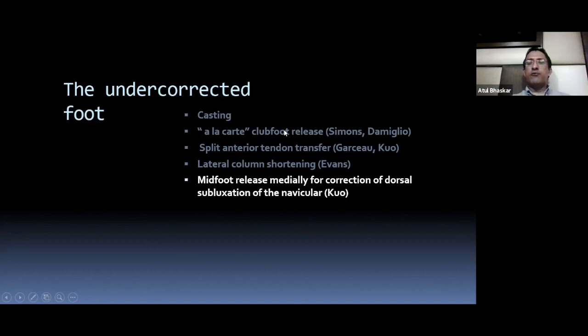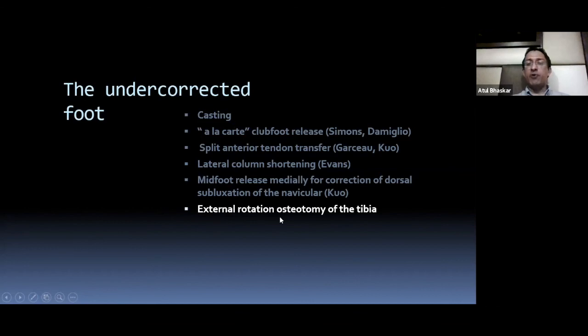So you do what is called a posteromedial release along with column shortening. You go from the most mild to the most rigid, severe correction surgery to get the foot plantigrade. Sometimes in very severe cases where the foot is deformed, one may also have to do a calcaneal osteotomy in the older child.